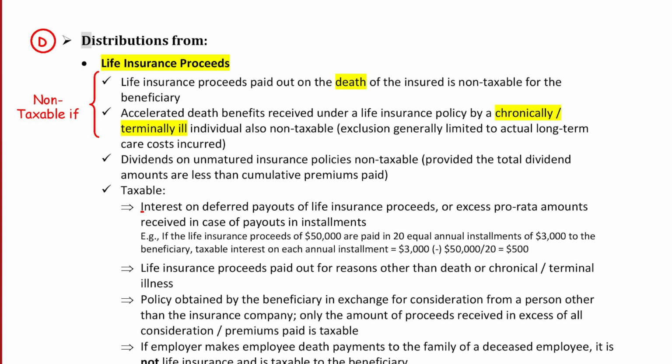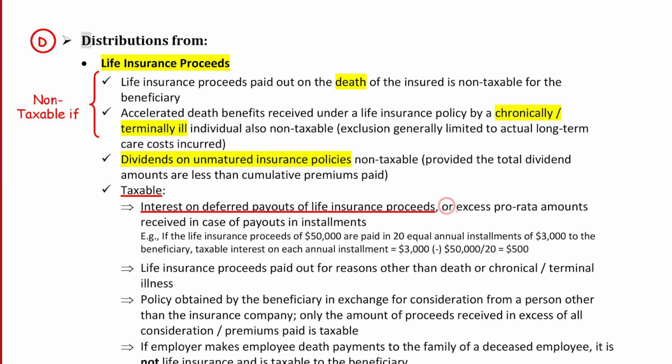Also, highlight, dividends on unmatured insurance policies are non-taxable. Note that the following are, underlined, taxable. Underline interest on deferred payouts of life insurance proceeds.